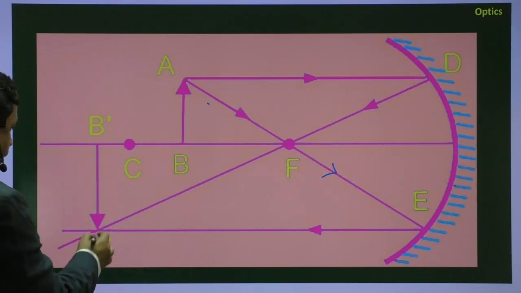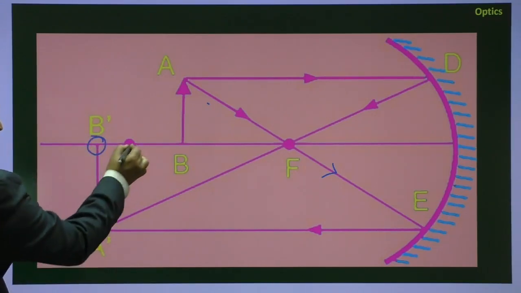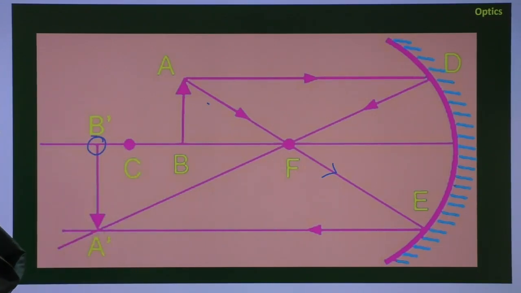So the image will form at this point, which is beyond the center of curvature.